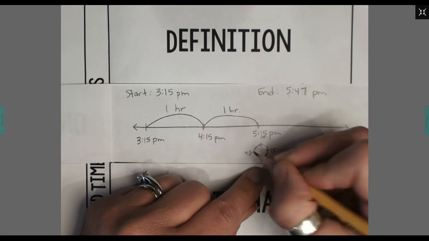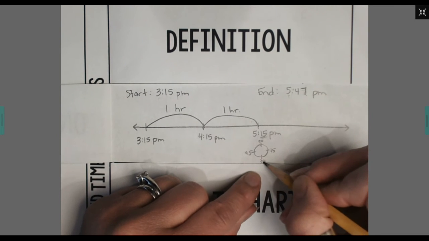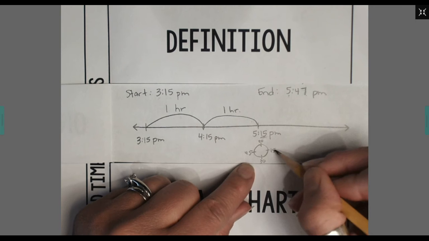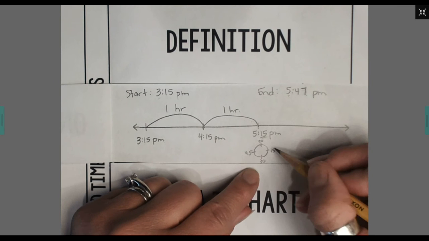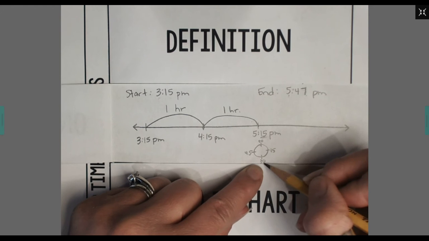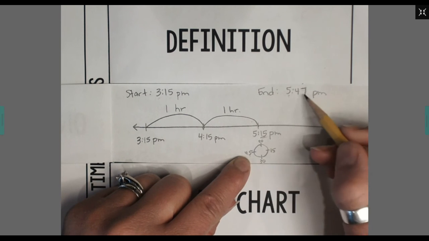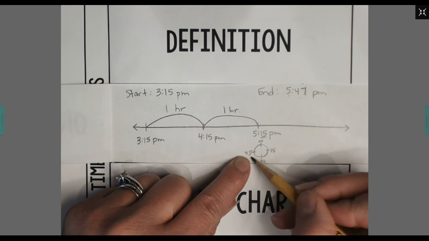This is one of those things that as you become more proficient with time, you're just going to have it memorized. So here's our clock. Right now it's at that 15. So we could go to 30. Could we also go to 45? We need to get to 47. Looks like we can.